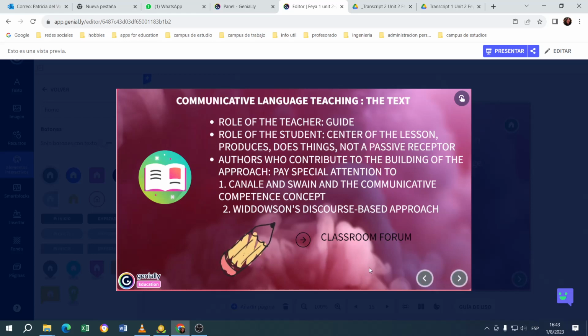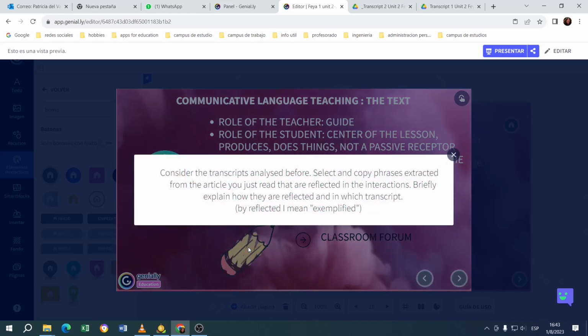Well, a classroom forum is going to be opened to discuss the task you were expected to do here. I'm going to open a classroom forum for you to offer your examples, the copies that you selected and that reflect the guidelines introduced in this text.